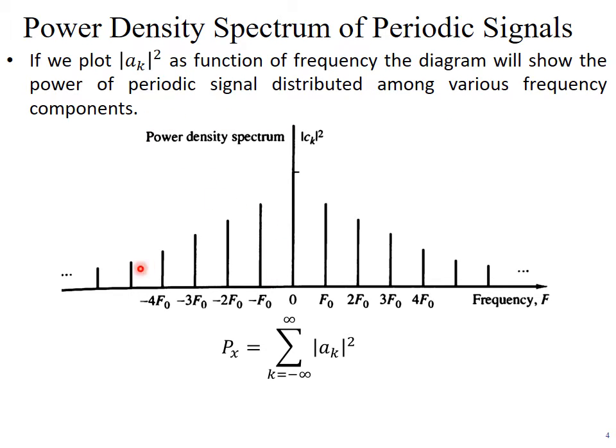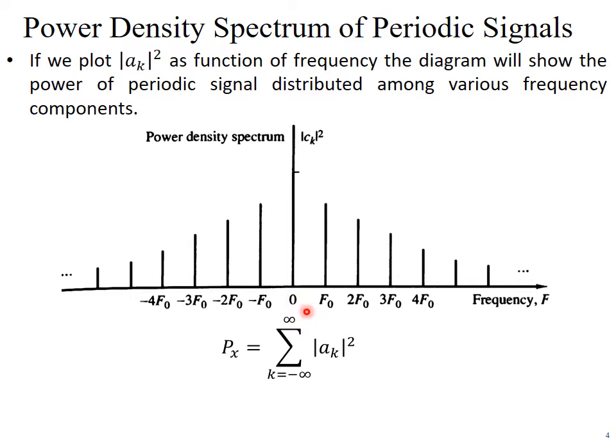So we have a k plotted at different values of k, and different values of k mean different values of frequency. This is k equal to 0, this is k equal to 1, 2, 3, 4, and so on, and this is k equal to -1, -2, -3, -4, and so on. From this graph you can determine at what frequencies the power of the signal is maximum.